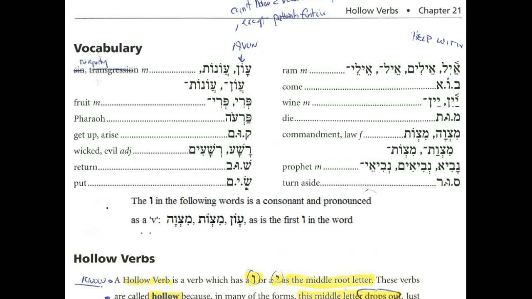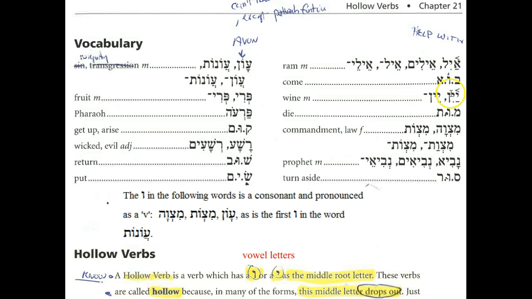Avon is one of the three most common Old Testament words used in reference to sin, but it means perverse crookedness, or that which is not straight, and is most commonly translated in our English versions by the word iniquity.